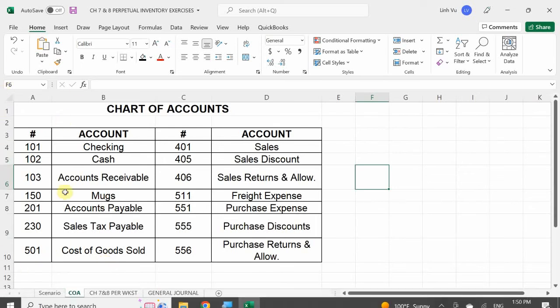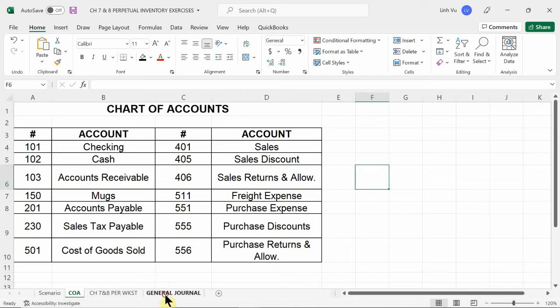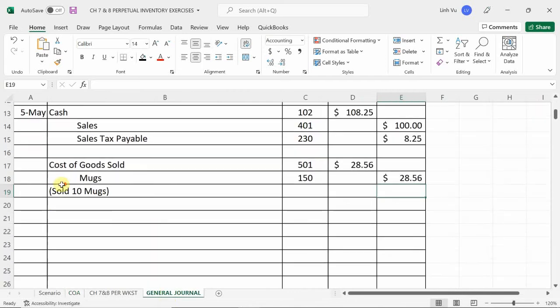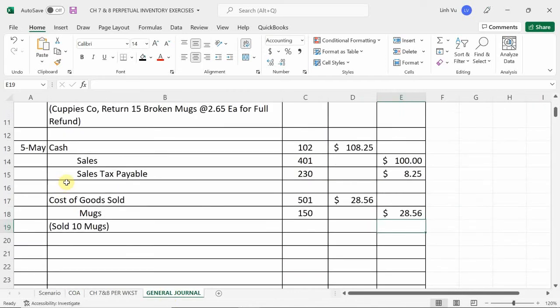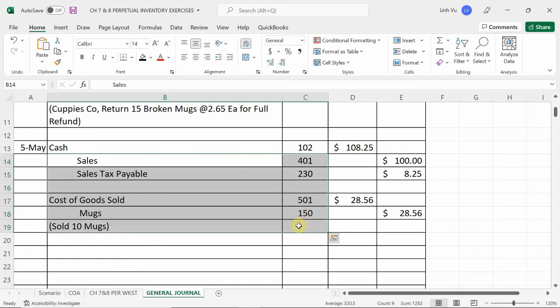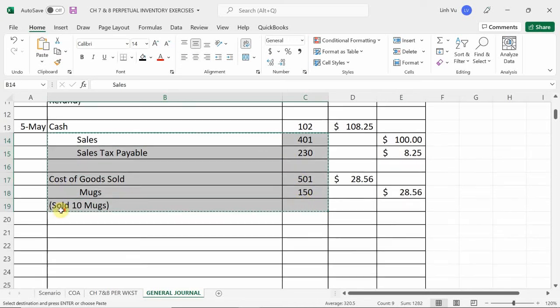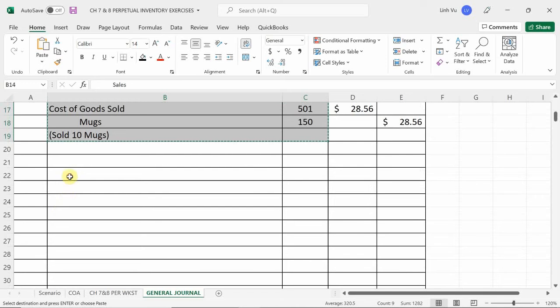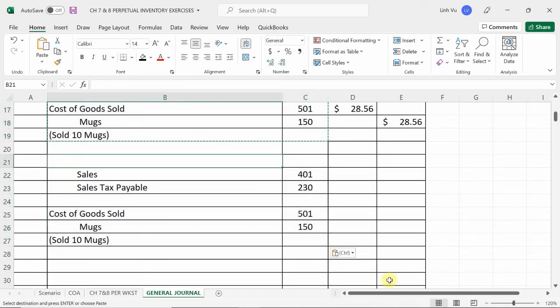Good, right? That's the first portion. What else do we need to include? Cost of goods sold and mugs. Good. So in this case, I'm just going to copy this section here because the only thing that's different is that instead of receiving cash, I'm going to get an accounts receivable. So there you go.